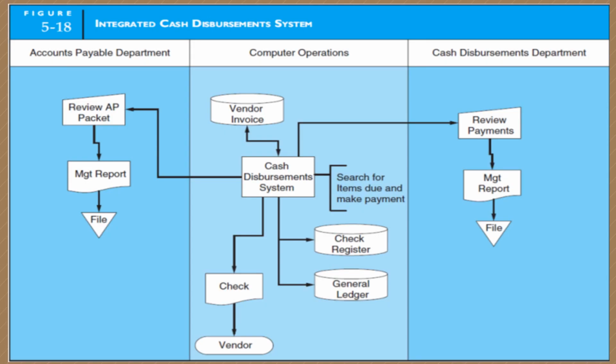You can see here how the cash disbursement is only one process, and we are dealing with more digital files here.